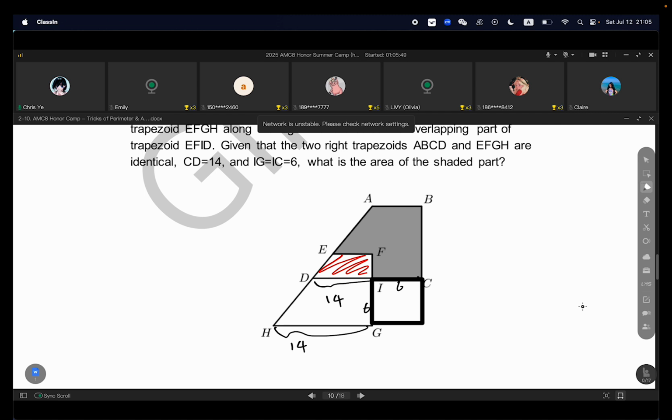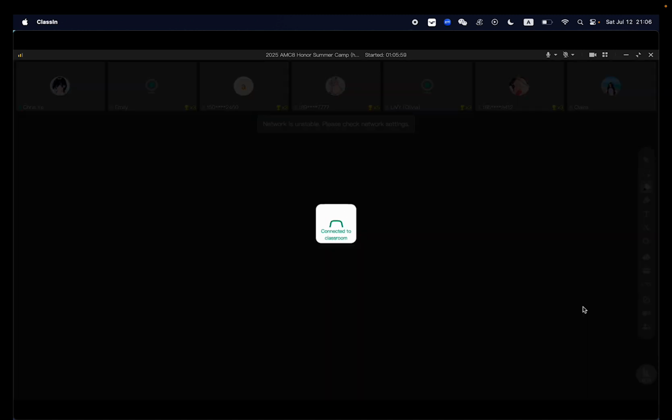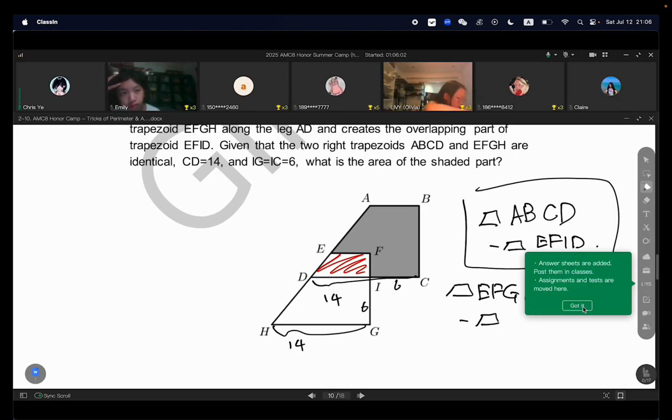But we also know that ABCD and EFGH are identical, so we can just substitute that in and do EFGH minus EFID. And that is just going to be this part. So we just have to find the area of this trapezoid.